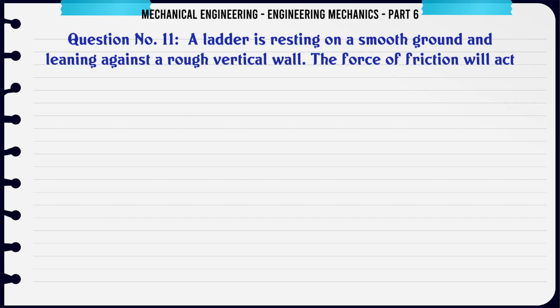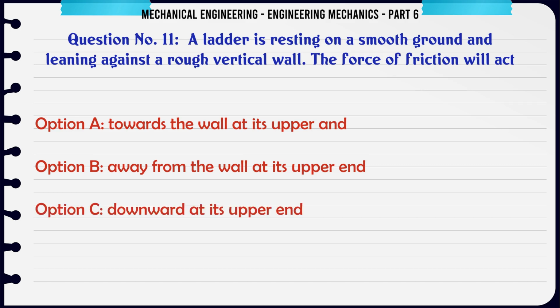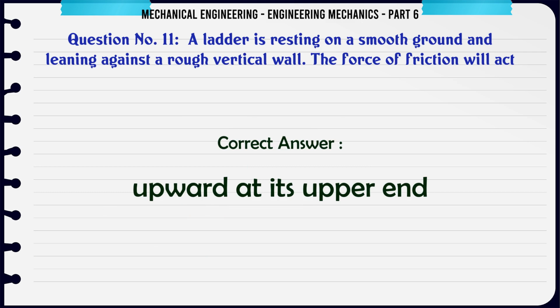A ladder is resting on a smooth ground and leaning against a rough vertical wall. The force of friction will act: A) towards the wall at its upper end, B) away from the wall at its upper end, C) downward at its upper end, D) upward at its upper end. The correct answer is upward at its upper end.